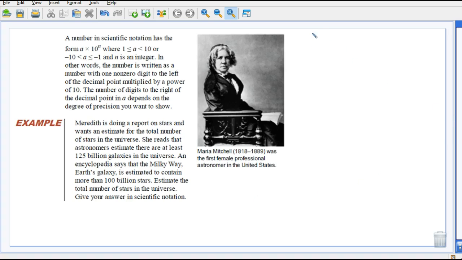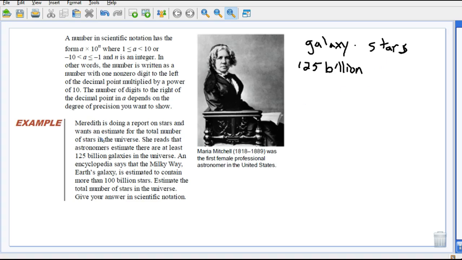Okay, so what we want to do is we want to take each galaxy and we want to multiply that by the number of stars in each galaxy. We want to take the galaxies, multiply by the number of stars per galaxy, and we'll get the total number of stars in the universe. All right, so we know that there are 125 billion galaxies. We have 125 billion.